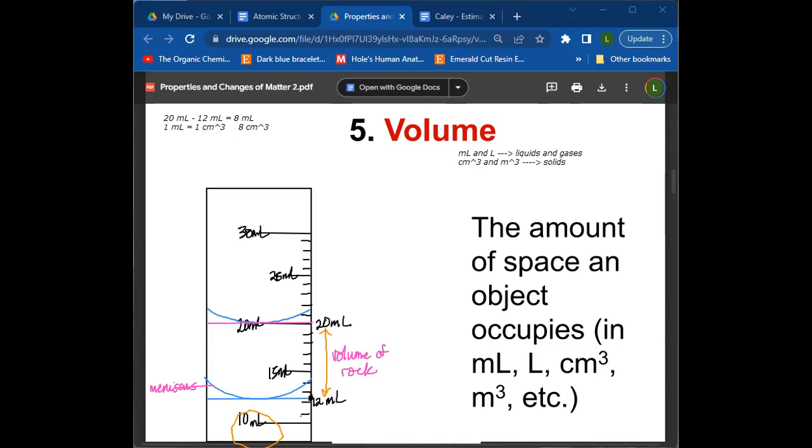And we also need to know the reason why this works. It's actually because of a property of water called water displacement.